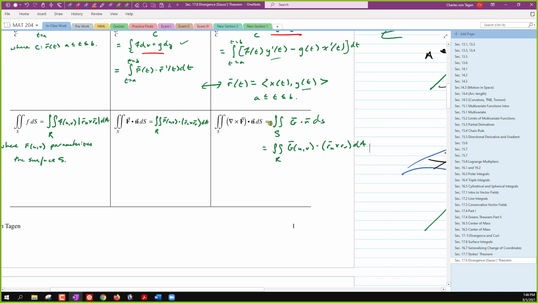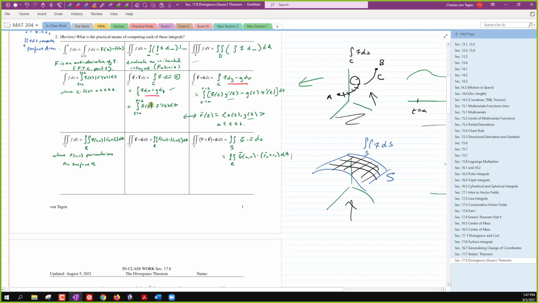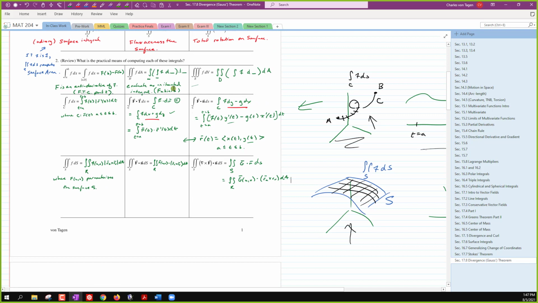So what I have gone through, folks, in these images is all direct computations of the 6 integrals that we've been focusing on since we left chapter 16. Those are all the direct computations.